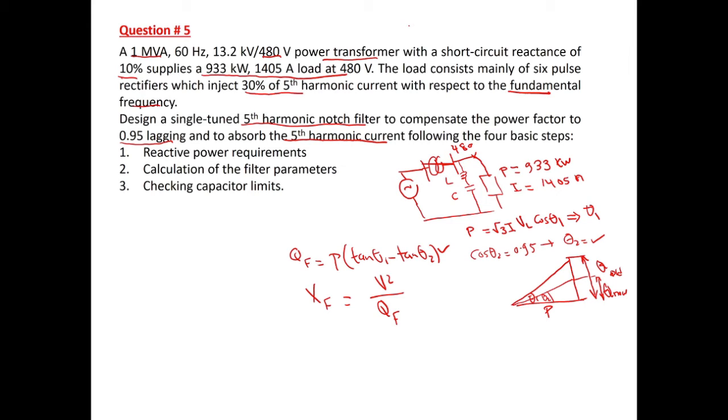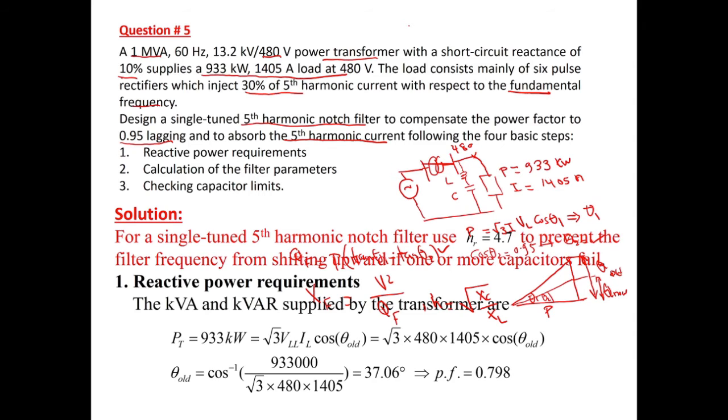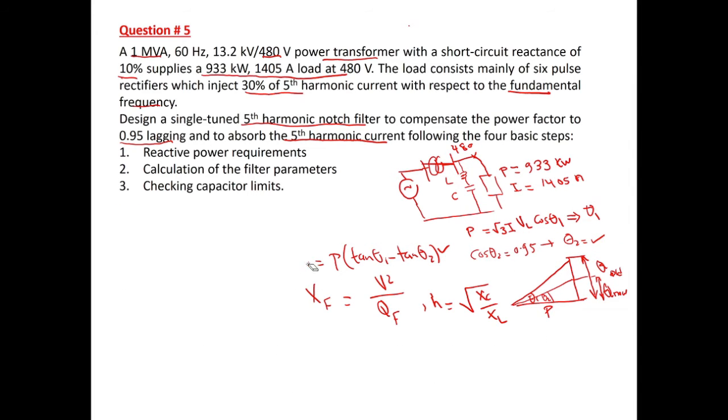And again, we know the relationship between XC and XL: h will be equal to the square root of XC over XL. Then we can calculate XC and XL as it is provided over here.